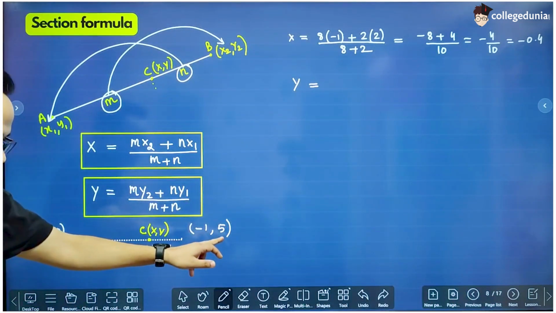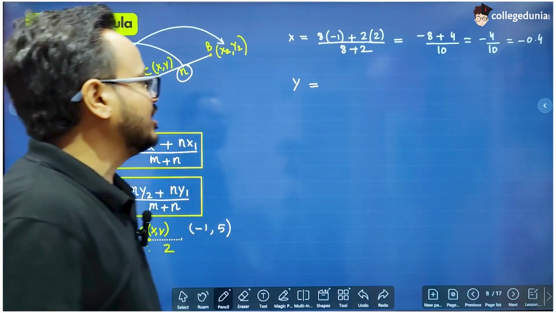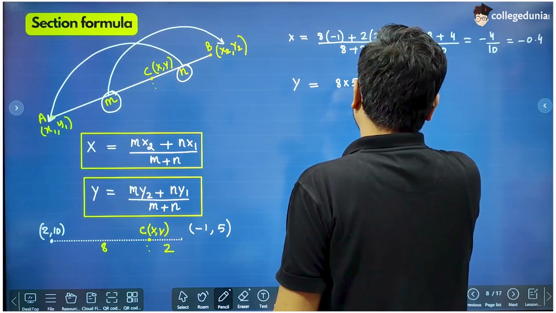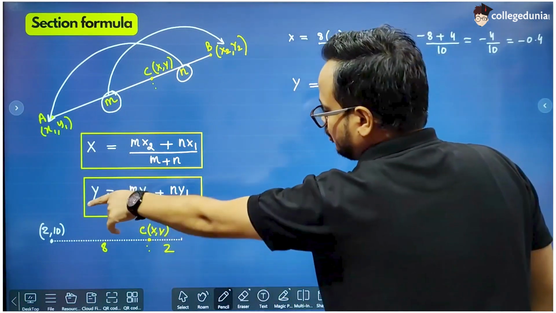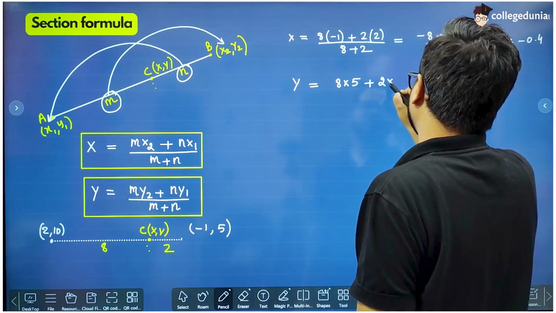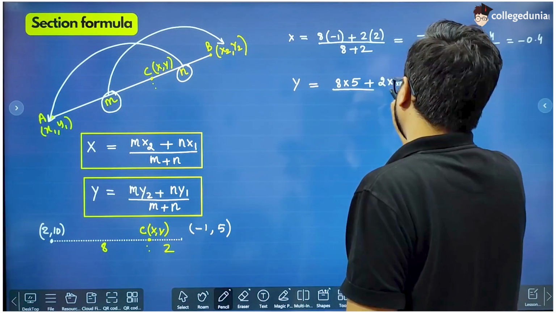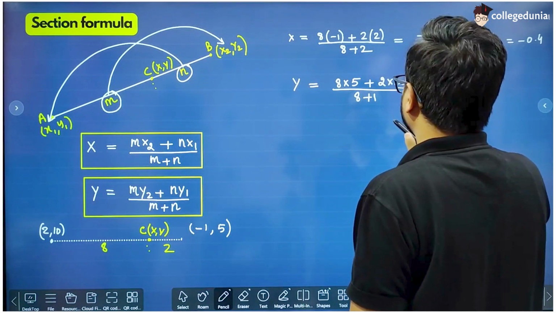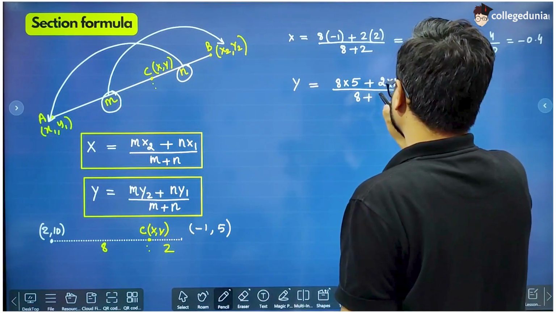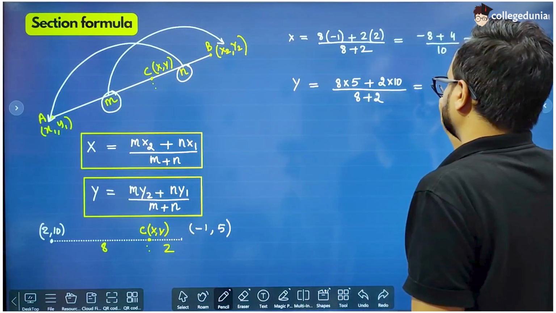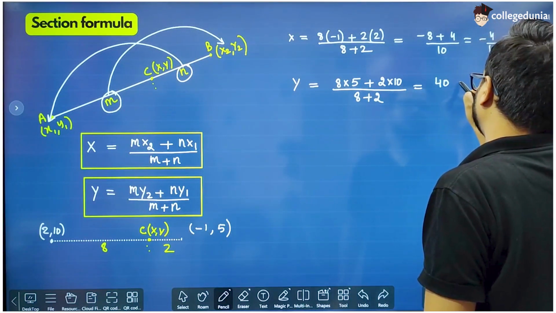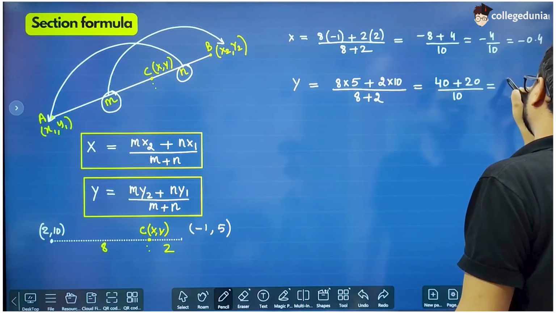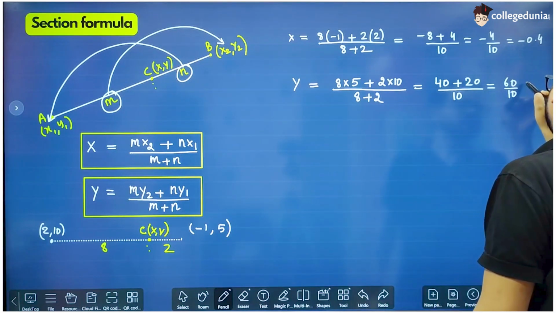Similarly, the y coordinate is, multiply this 8 with the y coordinate of this point, that is 8 into 5, plus 2 into 10, divided by 8 plus 2. 8 into 5 is 40 plus 10 into 2 is 20, divided by 10. 60 by 10, which is 6.